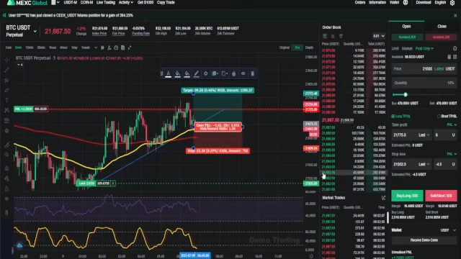That's how I personally use leverage as I'm making my trades.